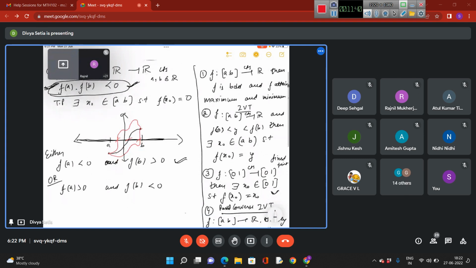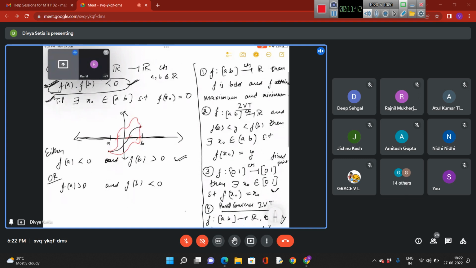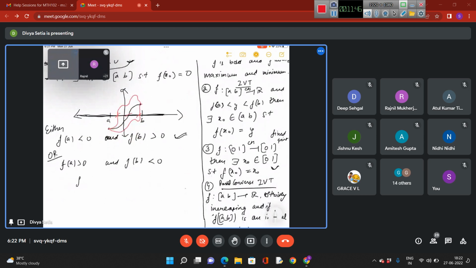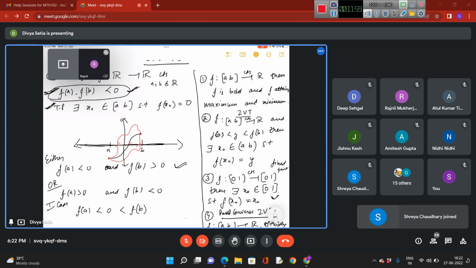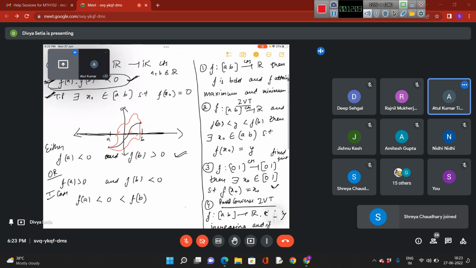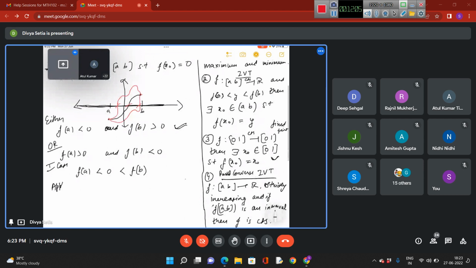Now how will we prove that there exists a point x naught such that f of x naught is 0? Suppose we are in the first case, f of a is less than 0 is less than f of b. Now what? The intermediate value theorem. Yeah, so just apply the intermediate value theorem.